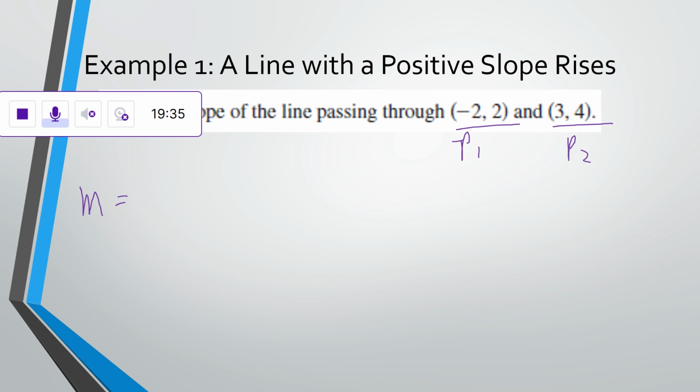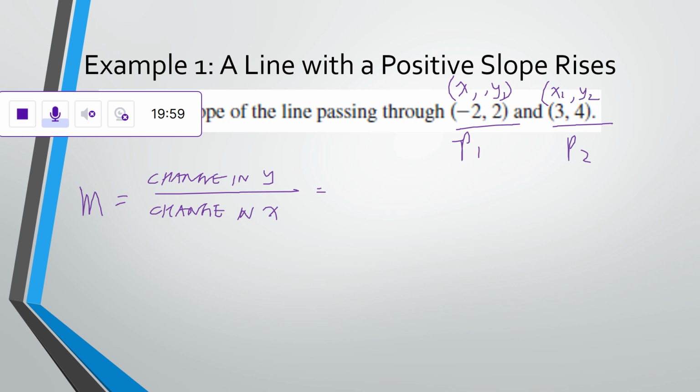This will be denoted as the change in y all over the change in x. So from here, we have to now look at these 2 points that we have: point 1, which holds x sub 1 and y sub 1, and point 2, which holds x sub 2 and y sub 2.